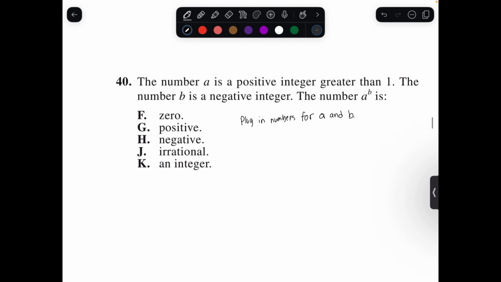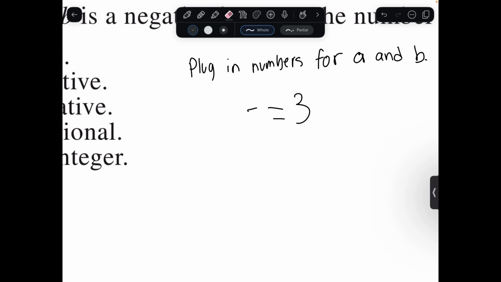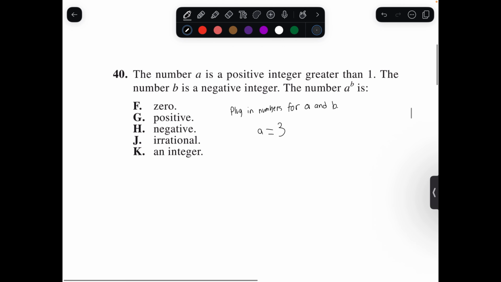So it says the number a is a positive integer greater than 1. So let's just make a like 3. Let's make b, it says b is a negative integer. So let's make b a -2.